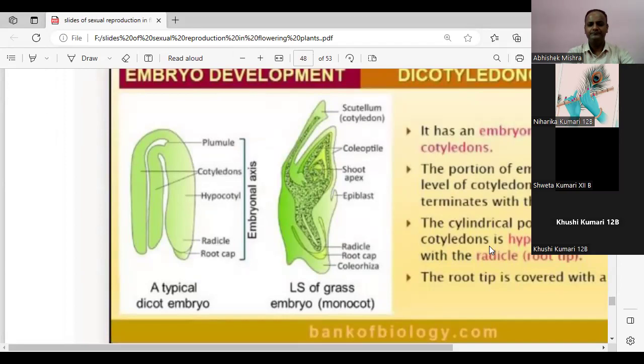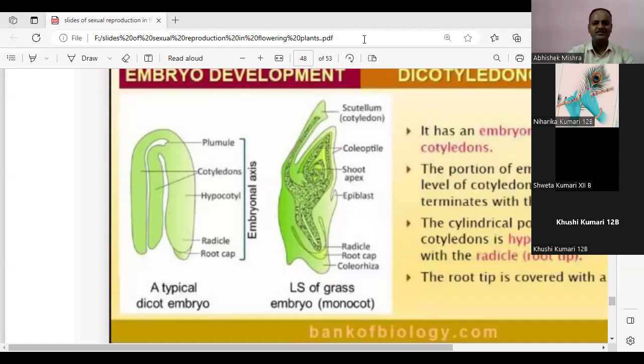Okay, very good. Khushi, Shweta, morphology of flowering plants. Correct, very good.